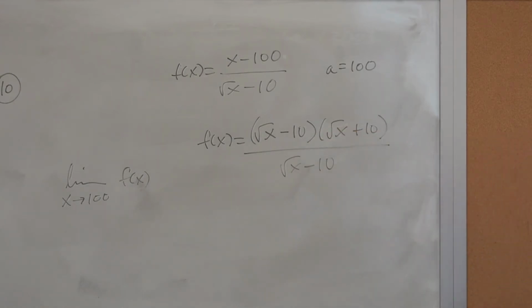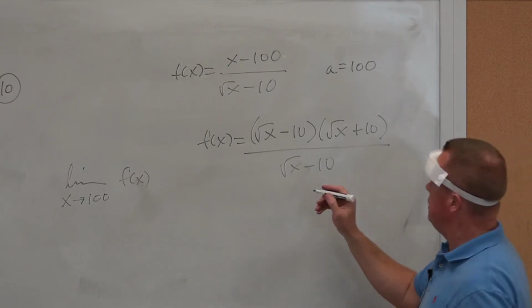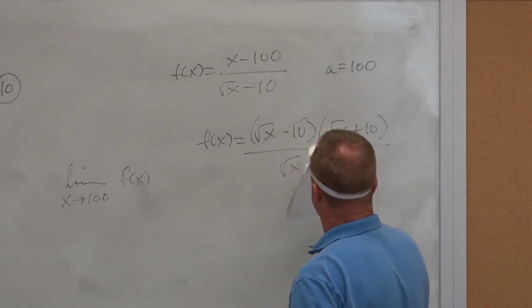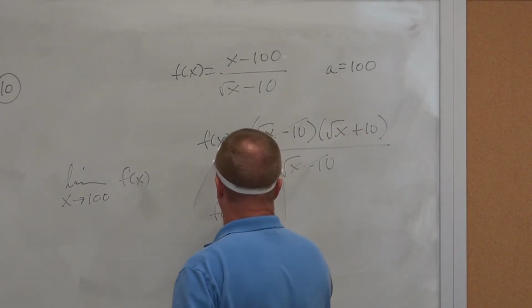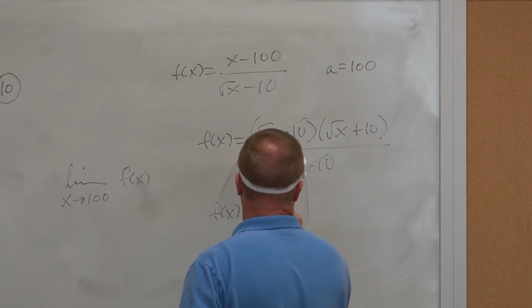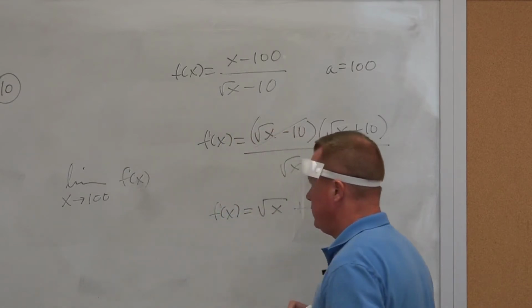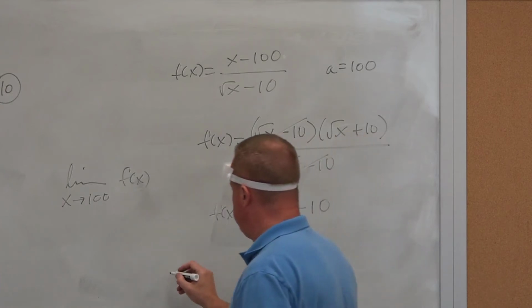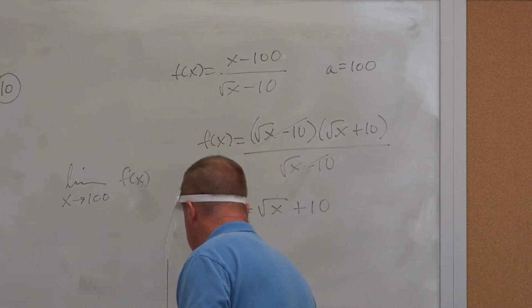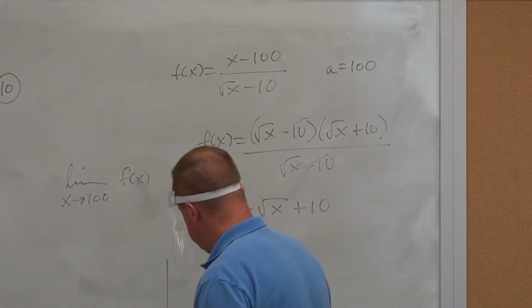All right, is that not the same thing? Okay, and then now what happens? This cancels. So I get f of x equals root x plus 10. Okay, so that graphically would just be the square root function up 10.